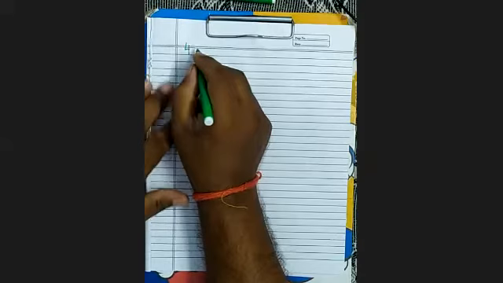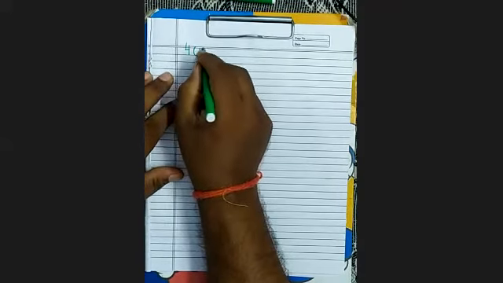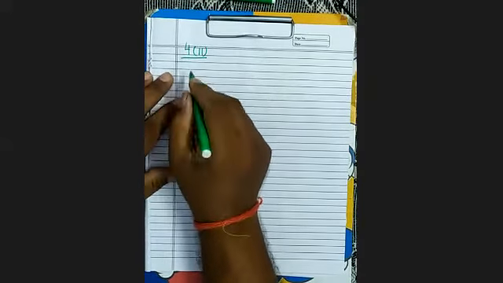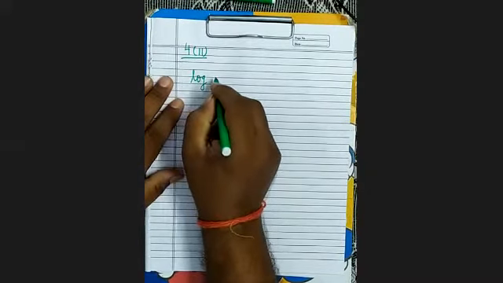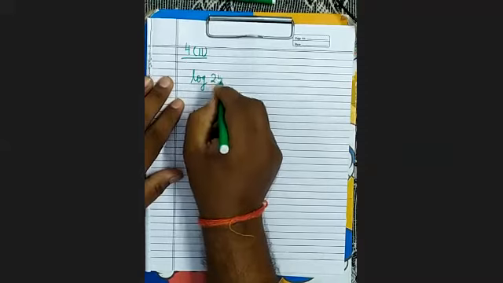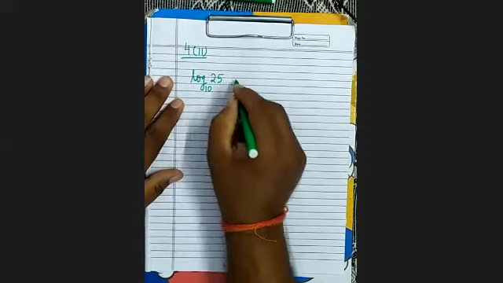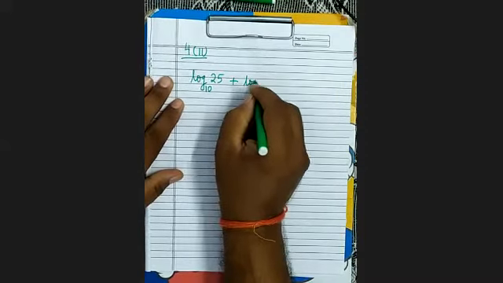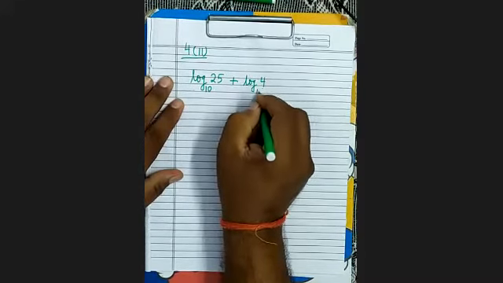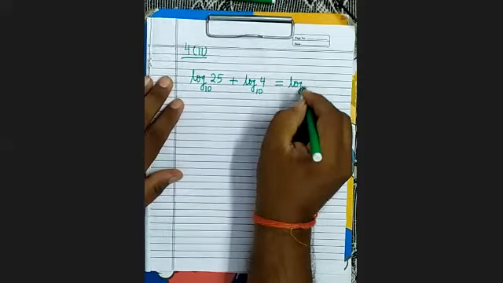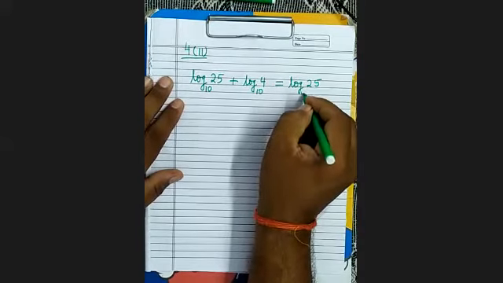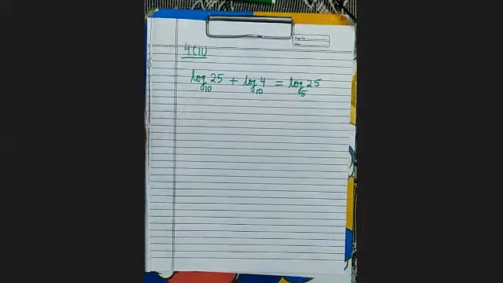Question number 4, second part. Prove the following. Prove the following means both the sides you have to prove equal. Log 25 to the base 10 plus log 4 to the base 10 equals log 25 to the base 5.